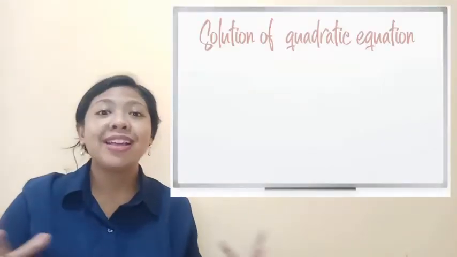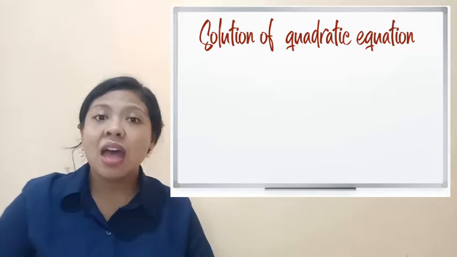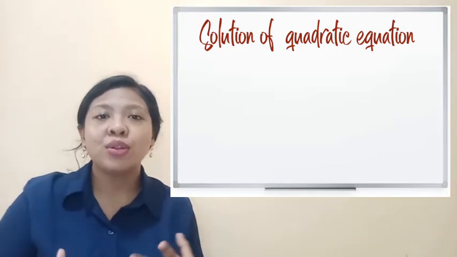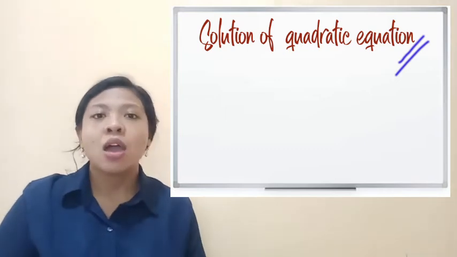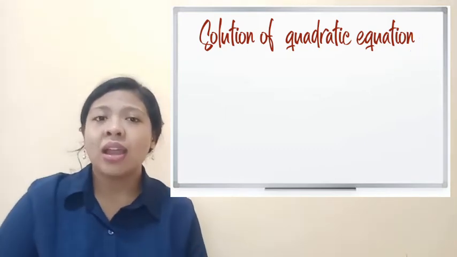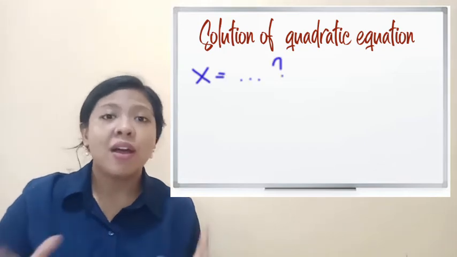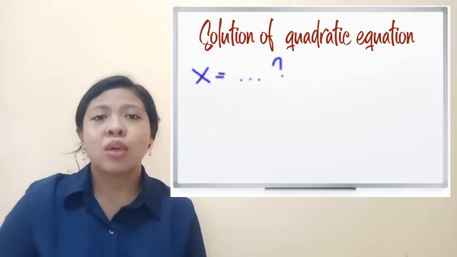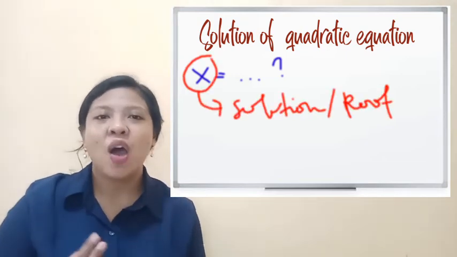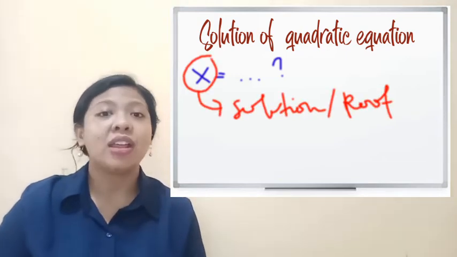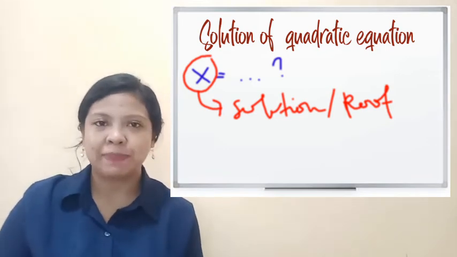Okay, we already learned about the definition of a quadratic equation, and now I would like to introduce to you the solution of a quadratic equation. So, as I said before, x is a variable and we don't know the value of x yet. The value of x is actually the solution of a quadratic equation, and it's also called the root of a quadratic equation.